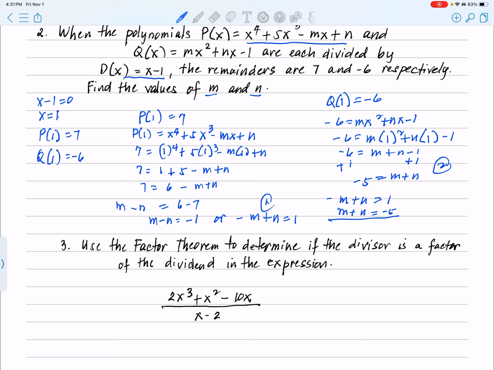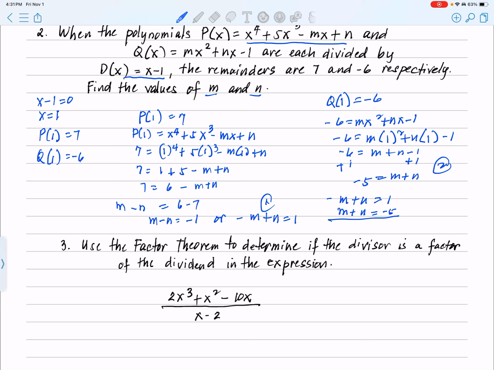What we're going to do here is we let our p of x be our polynomial 2x cubed plus x squared minus 10x.